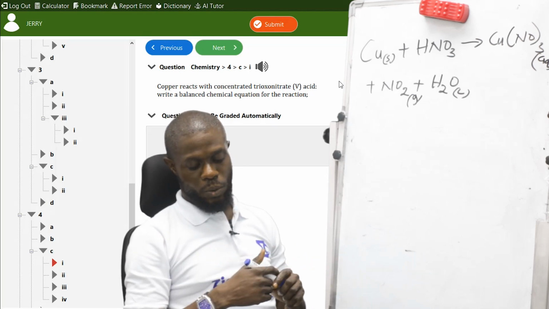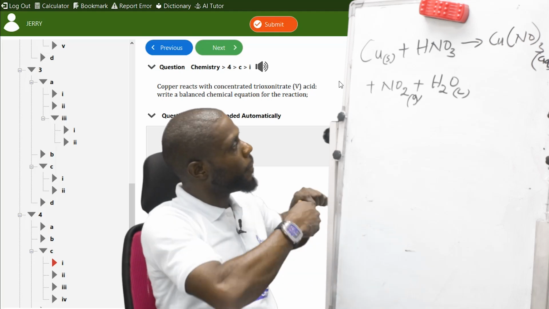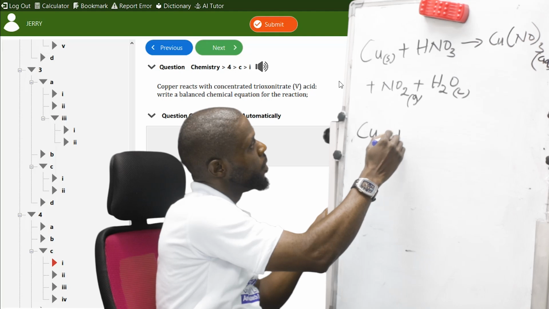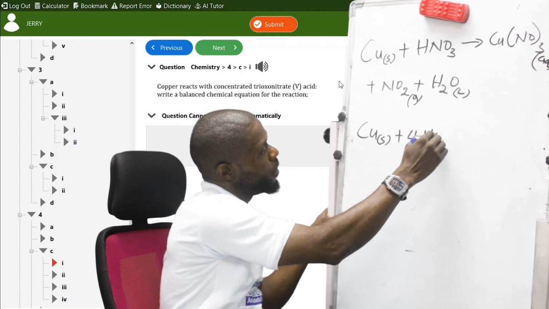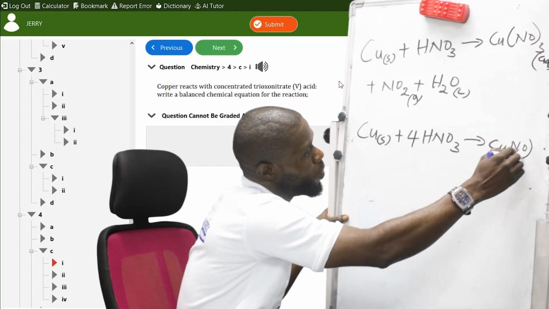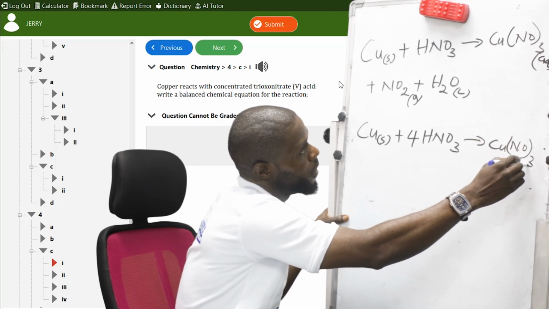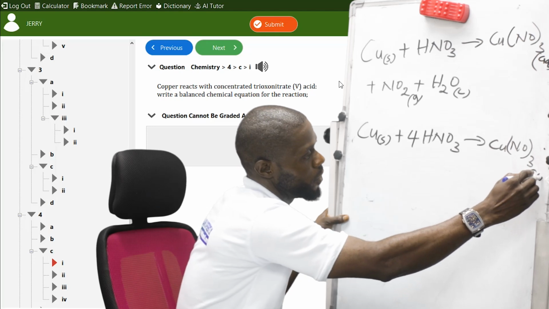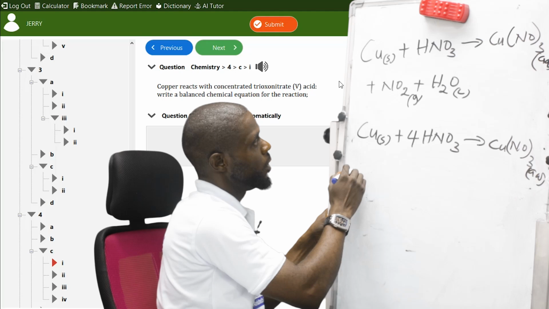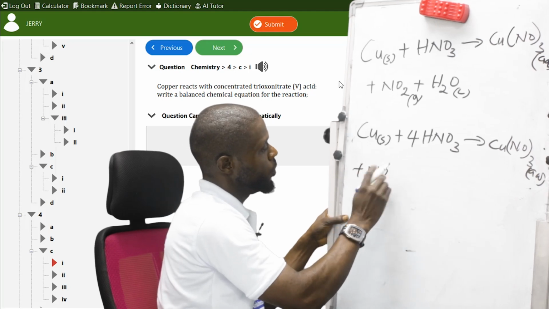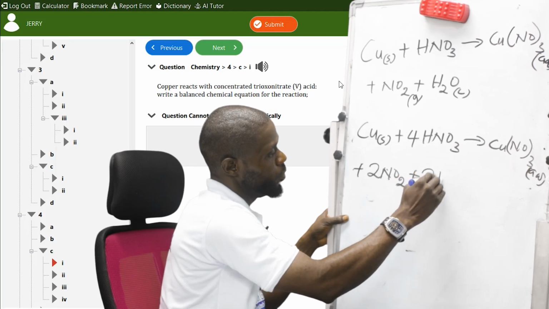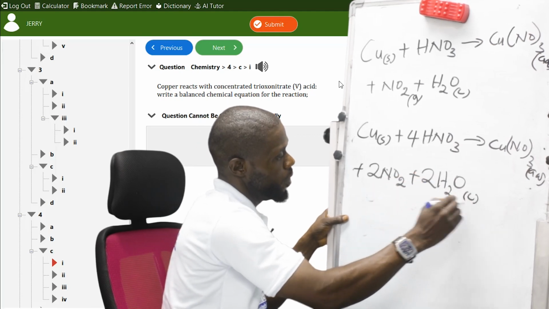Now, balancing of the equation will give me this. Cu solid plus 4 HNO3 will give me Cu(NO3)2 aqueous, plus NO2 plus 2 H2O liquid.